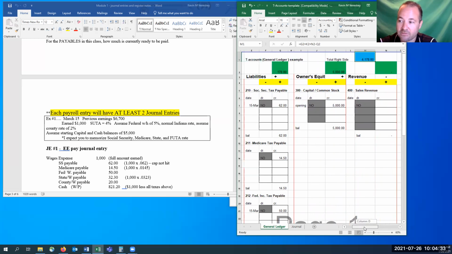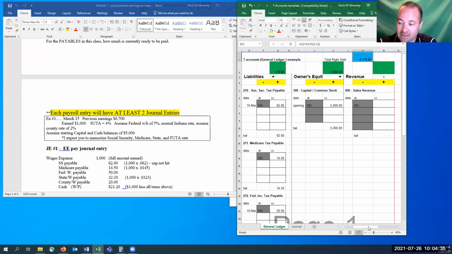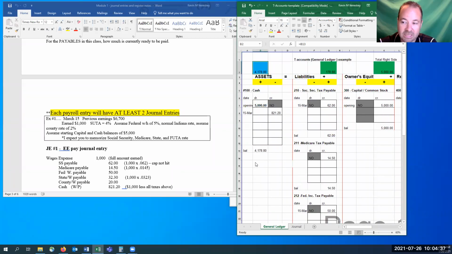And it is. It's 4178.80. And this one is 4178.80. So I know that I have put in everything correctly that I have. I've at least matched it up. It doesn't mean that these are the correct numbers, but at least I've matched them up correctly.